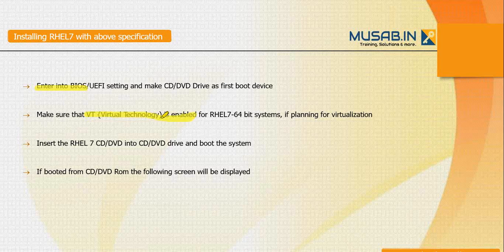Sometimes it is named virtual technology, sometimes virtualization technology, sometimes in short it is called VT. Depending on the motherboard manufacturer, these names are given inside BIOS. So you need to go and make sure that VT is enabled. Because if VT is not enabled, then we cannot work with virtualization inside your operating system. So make sure that it is enabled.